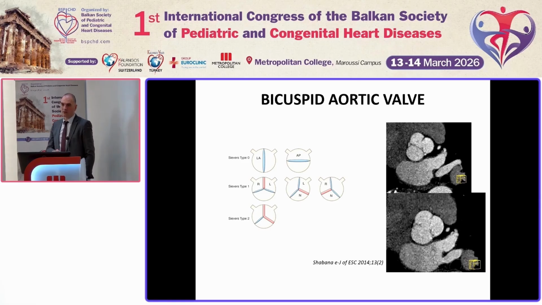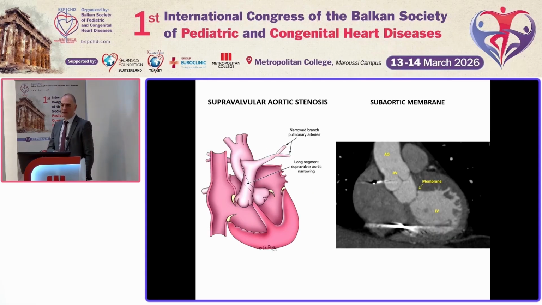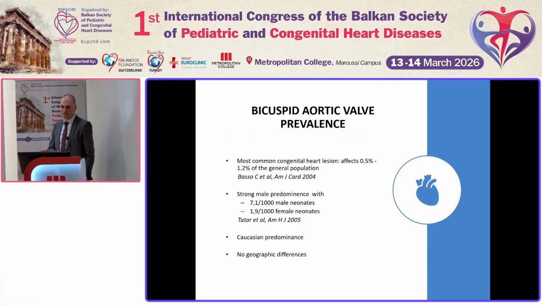So when we discuss congenital aortic valve disease, mainly we talk about bicuspid aortic valve, while less frequently there are the forms of supravalvular and subaortic anomalies, as we heard a bit earlier. And BAV is a relatively common condition affecting 1% of the general population, with a strong male and Caucasian predominance.